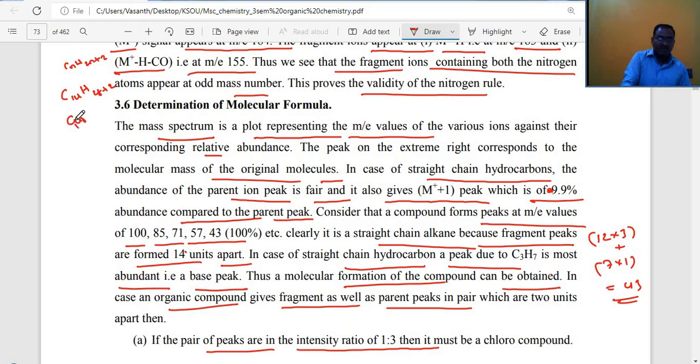C14H30. In that, C14 is 14 into 12, plus 30 into 1. This is what we mean by 14 units apart.